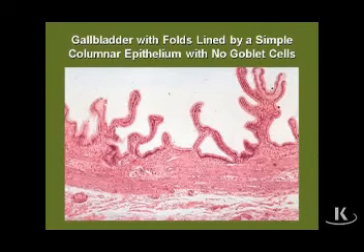But again, the epithelial lining is exclusively that of a single cell type, a simple columnar epithelium with no intervening goblet cells. Underneath the epithelium is an underlying lamina propria, but as we said, there's no muscularis mucosa, nor is there a submucosa. So directly underlying the lamina propria will be smooth muscle and an associated serosal layer of mesothelium.